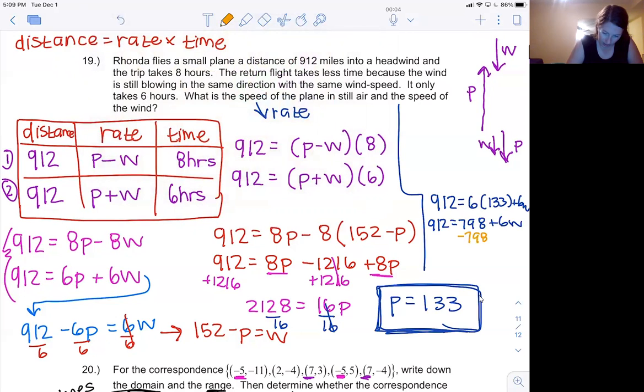Minus 798, minus 798. 114 equals 6W. Divide by 6, divide by 6. So the wind speed is 19. Which makes sense, right? The plane's probably going a lot faster than the wind.